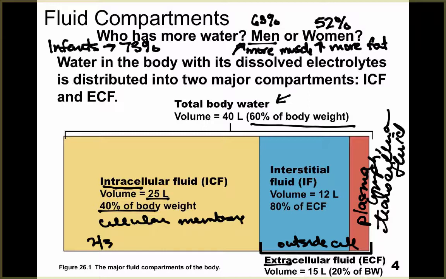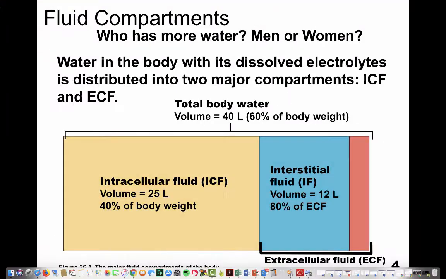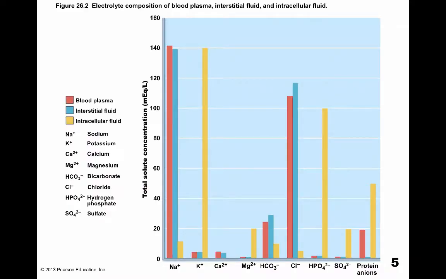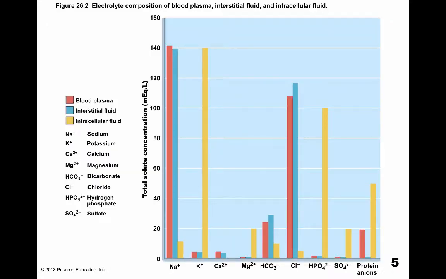Now, when we look at these fluids, the composition of the fluids in regards to their electrolytes is different. So let's look at the plasma, interstitial, and intracellular fluid. The intracellular fluid, oops guys, is yellow.